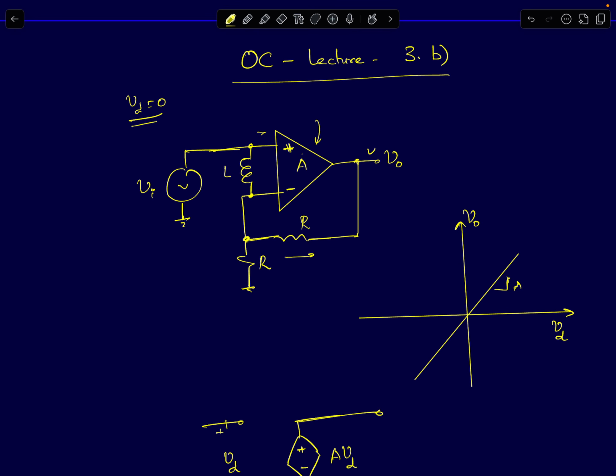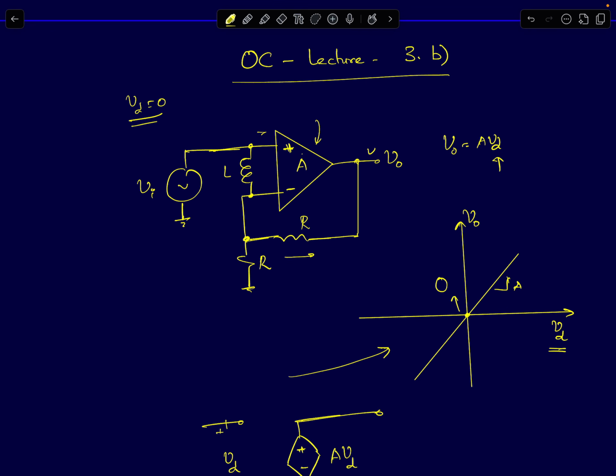If the op-amp has a finite gain, then this is the voltage transfer characteristic of the op-amp, which means if your differential input to the op-amp is 0, the output has to be 0. That's a consequence of finite gain. There is a linear relationship between the output and the input differential voltage, so your V naught is simply A times Vd. If Vd is 0, then V naught has to be 0.